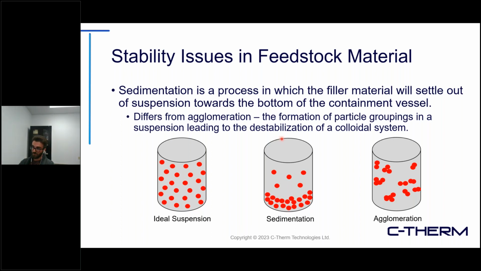Most of these dispensing systems pull from the top of the barrel and move down. So if you're dealing with a system that has sedimentation going on, pretty much all of the material that you're taking in that first 75% is going to be void of filler, or void of a significant amount of filler, meaning that the net thermal properties you're expecting as it's introduced in that battery pack or electronic system are not going to hit the thresholds you're expecting.